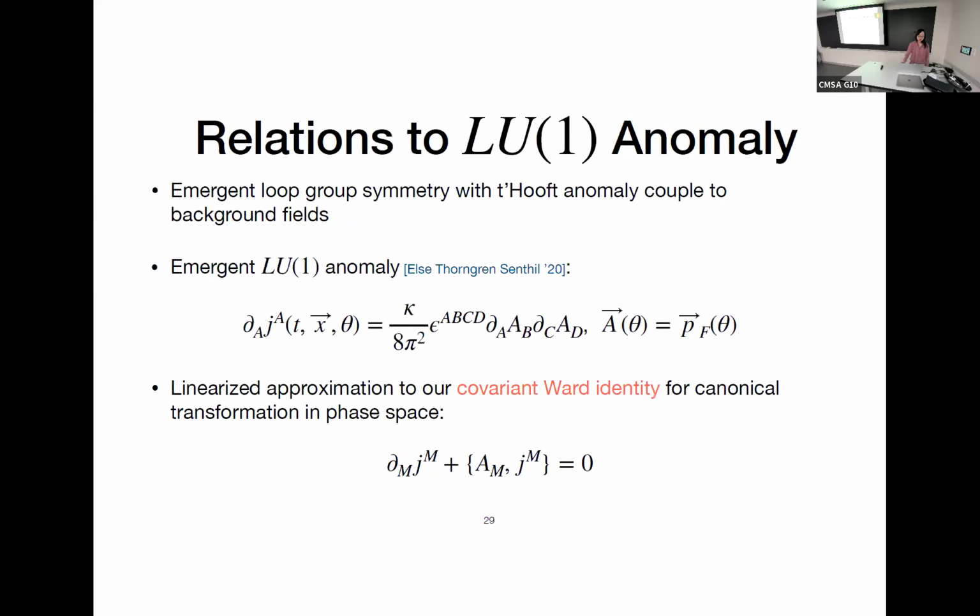Okay, so our formalism will actually give us some tool for something called the LU(1) anomaly, described by this gentleman here. The emergent loop group symmetry has some 't Hooft anomaly coupled to the background fields. The emergent LU(1) anomaly, as described by those people, is characterized here.